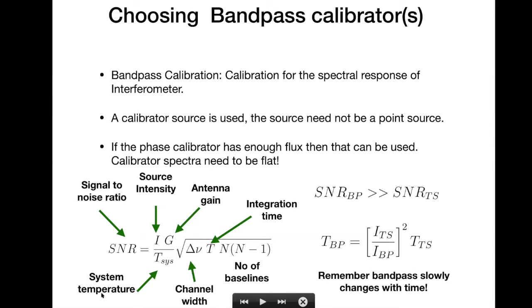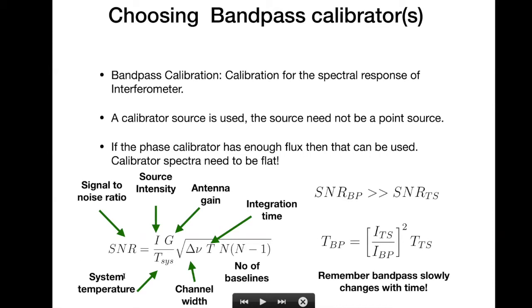I have to ask the question: if I have n antennas in my array, I observe for a time capital T, with each channel having a width of delta nu, and I observe a source of intensity I, what is the signal to noise in my observation? When you say signal to noise, say 5 sigma, that means the signal to noise is 5. And that's given by this expression.